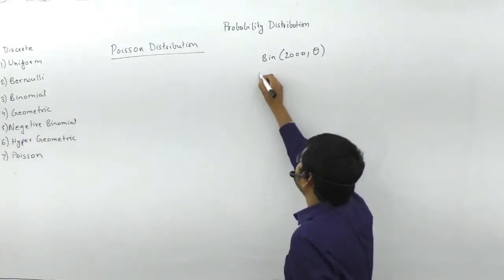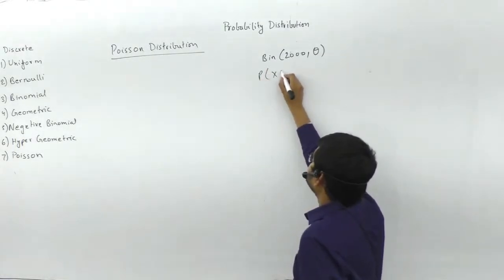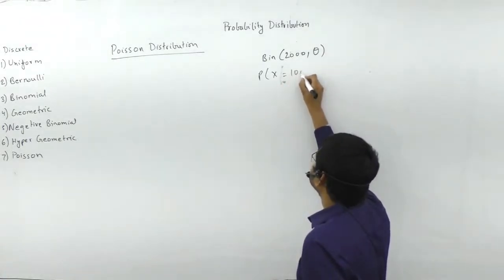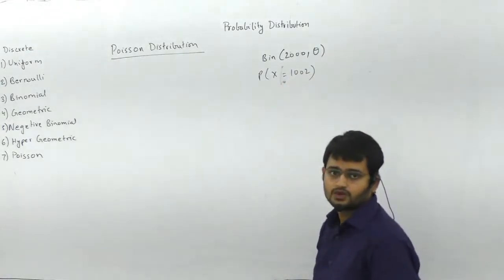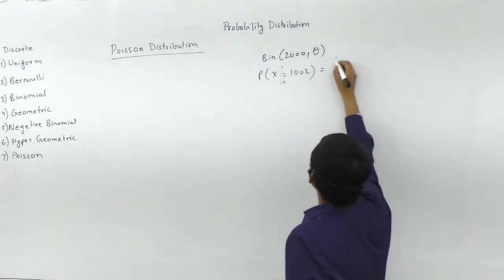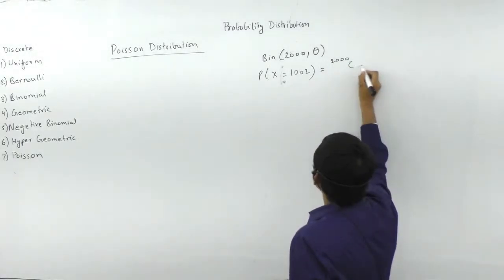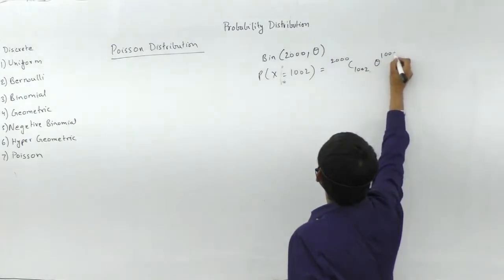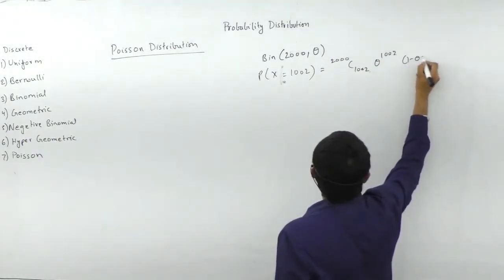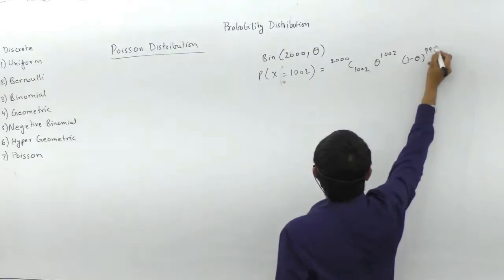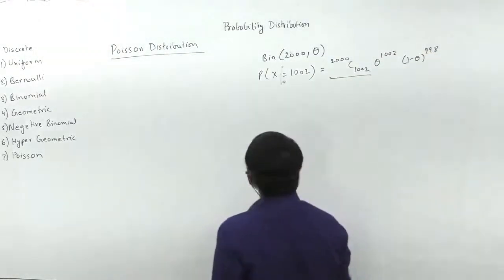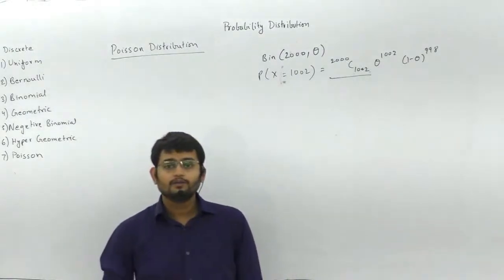If I want to find the probability of x equal to, let's say, 1002, that will be 2000 c 1002 theta raised to 1002 and 1 minus theta raised to 998. Finding this particular value 2000 c 1002 becomes very difficult.